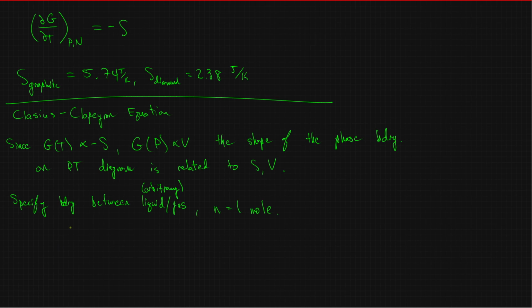Okay, so what do we know about a phase boundary? What is true at a phase boundary with respect to the Gibbs free energy? Do we have any thoughts about that? So if we're at the phase boundary, what can we say about the Gibbs free energy for the liquid phase versus the Gibbs free energy for the solid phase or the gaseous phase?